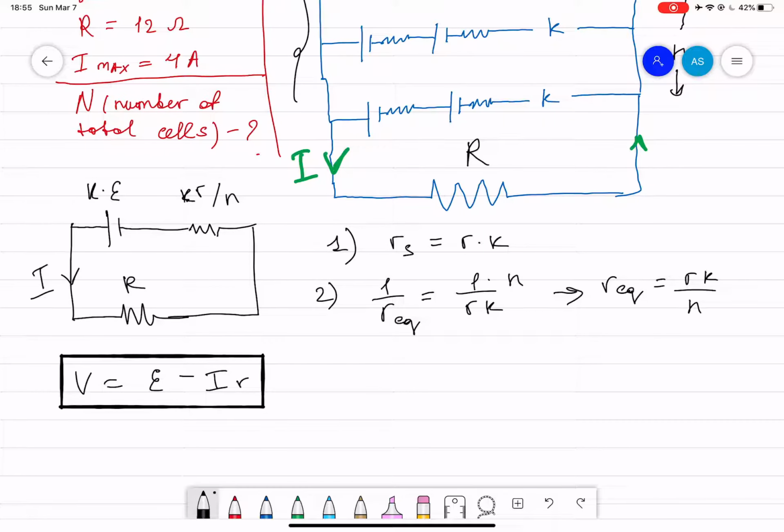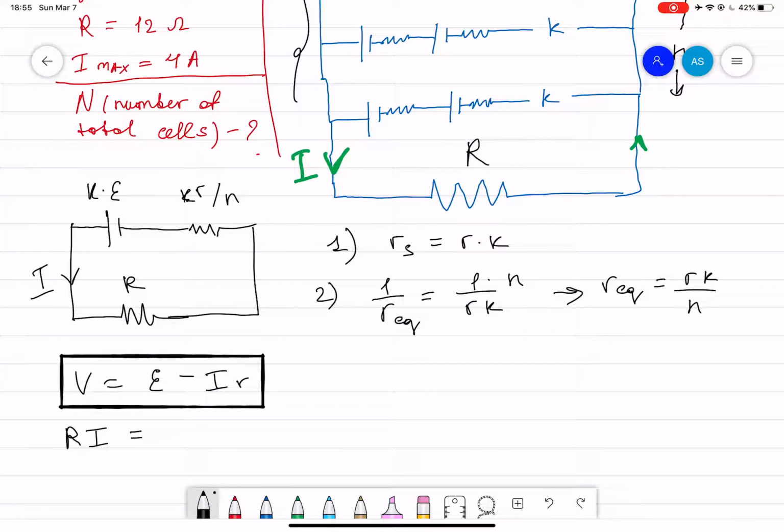Now, since we have K batteries in series, what will happen? In that case, V is equal to RI.